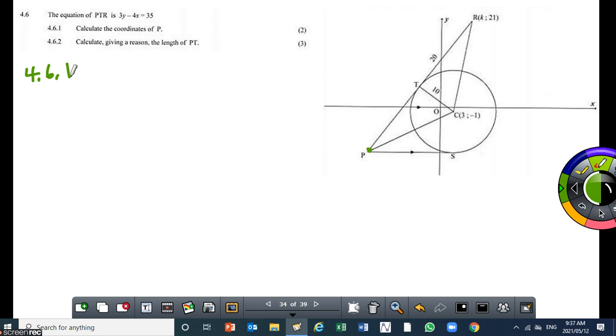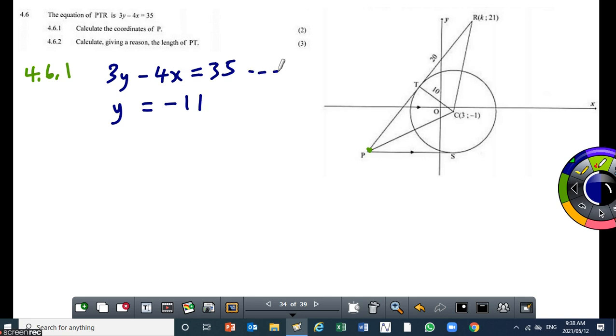So our two equations, 4.6.1, we are going to have two equations. The first equation is the one that we are given, 3y minus 4x equal to 35. Then the equation we got in the previous question, y equal to minus 11. We are going to need that. Because the two tangents intersect at a common point, we can equate them. Or rather I would say we can substitute.